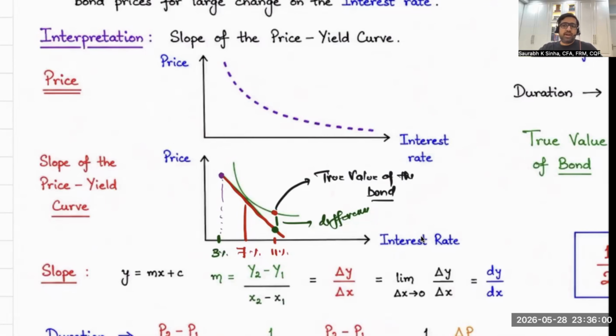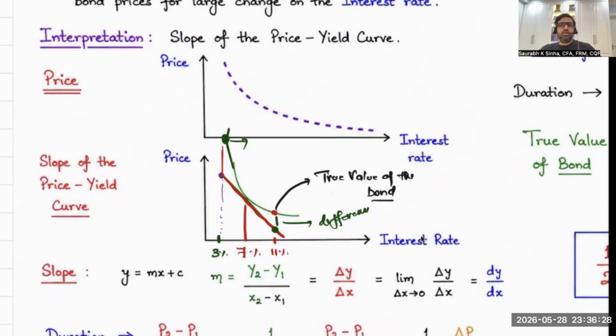And if you do the true valuation with the help of the BA II Plus calculator or Excel, with proper discounting, this would be the price yield curve, and this would be the true value of the bond for a fall in the interest rate from 7% to 3%. See the gap. This is the gap.